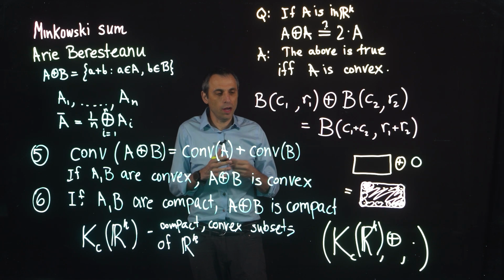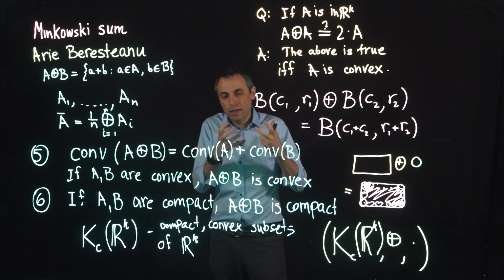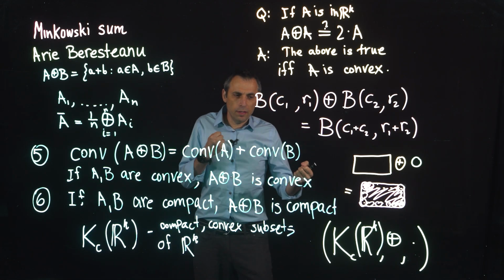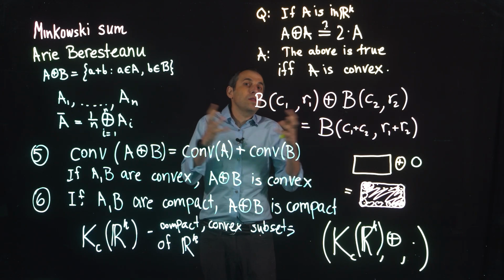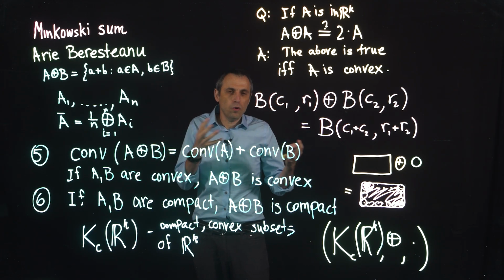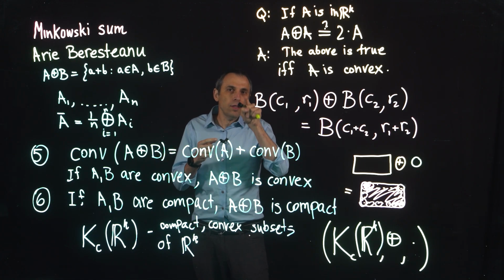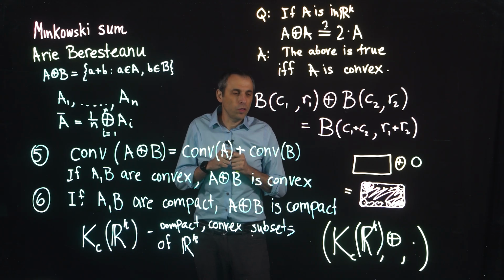Okay, so suppose I am picking a set A from this collection, and I want to find another element in this collection that I will sum to A, and I will get the 0. Okay, so for the Minkowski summation, we already covered in the first video that the set containing the vector 0 is the 0 element for the summation.